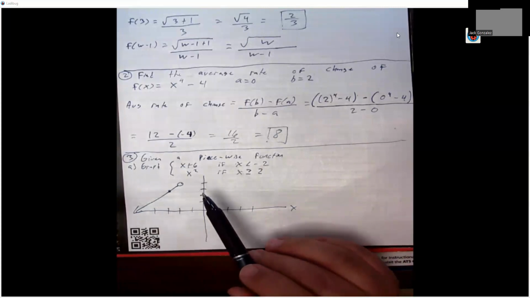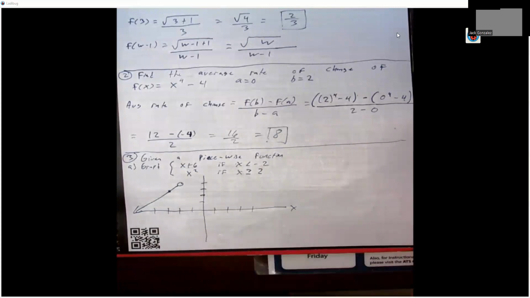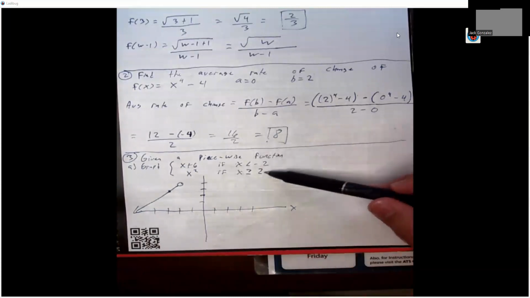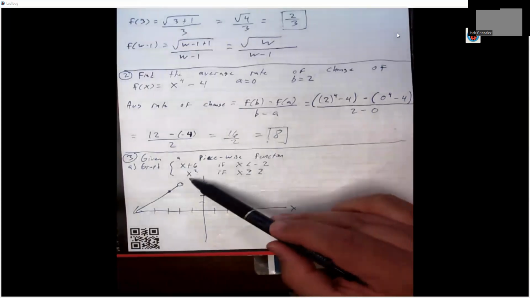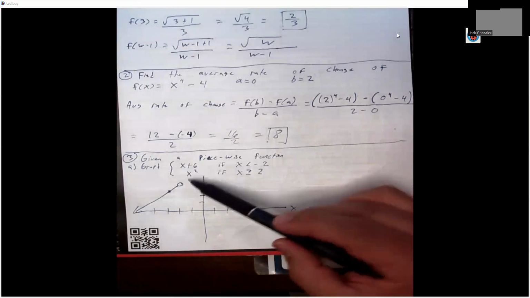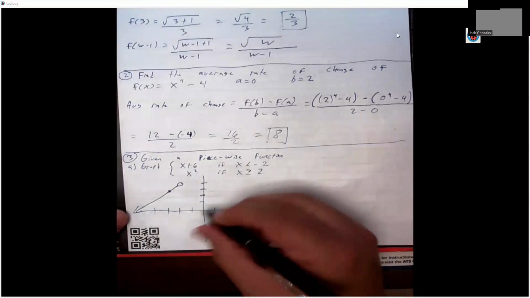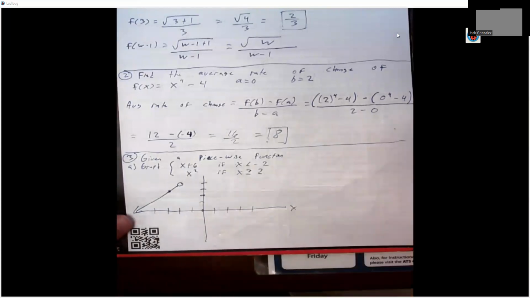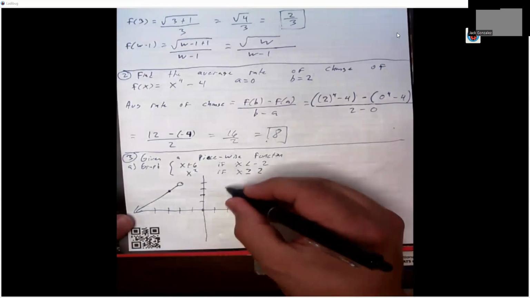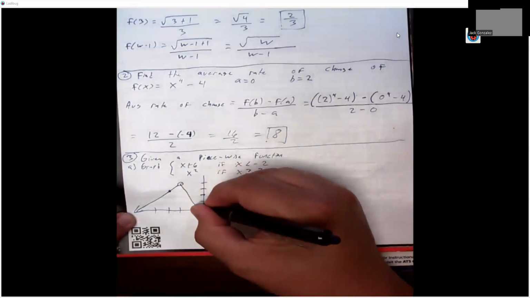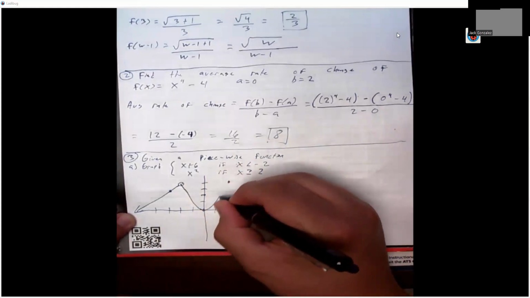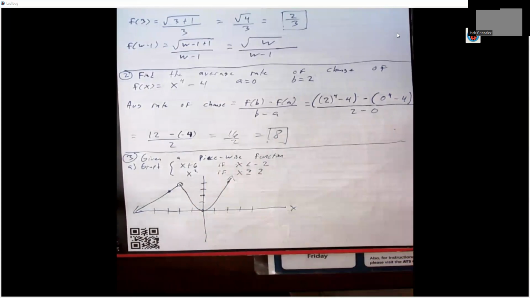So a hole there as a placeholder, just so I know where it starts. But if I were to use -2 in the parabola, 2 squared is 4. So technically the parabola is defined there. And if I plug in 0, I get 0. Plug in +2, I get 4. So technically the parabola goes through 0, and then keeps going forever.